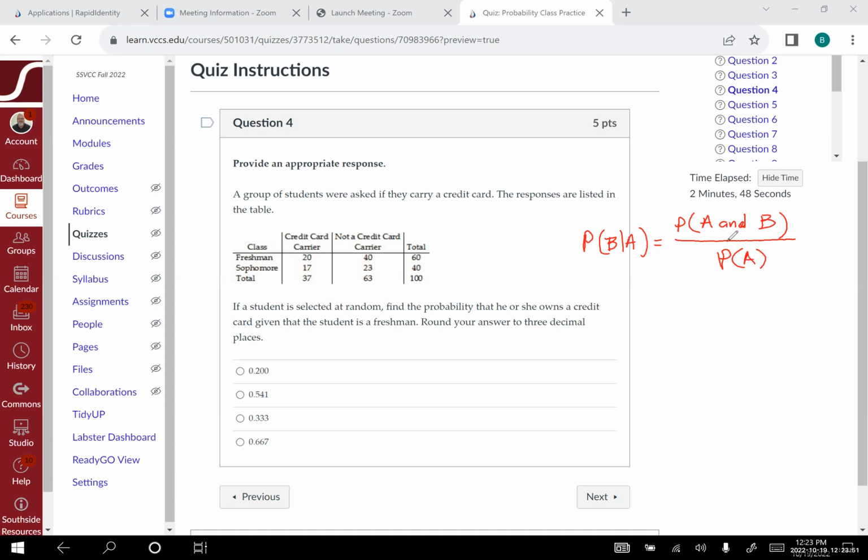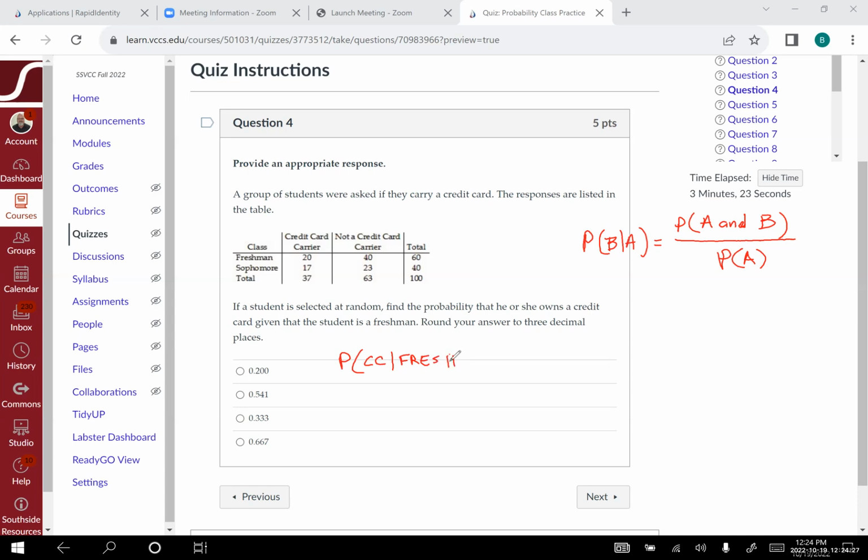What I like to do is rewrite that formula for the particular problem, and instead of A's and B's, use the actual events given in the problem. So I want to know the probability that the kid has a credit card given that the student is a freshman. This is where I would make my mistakes.